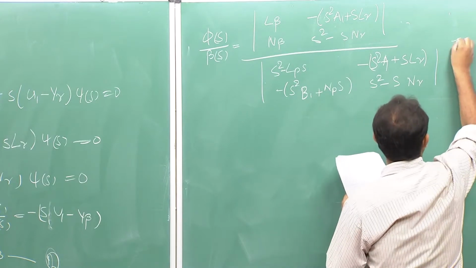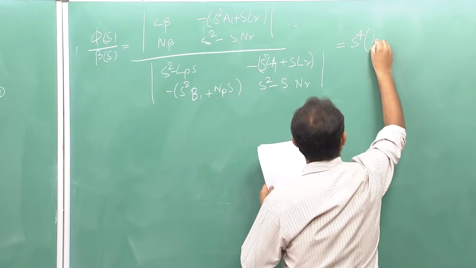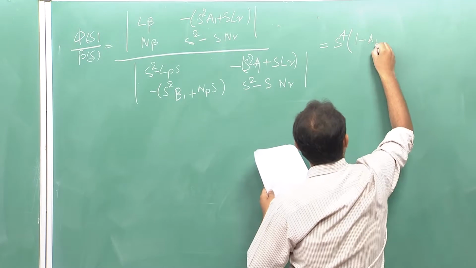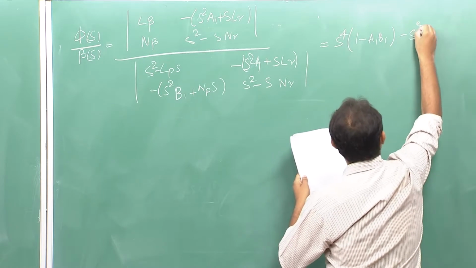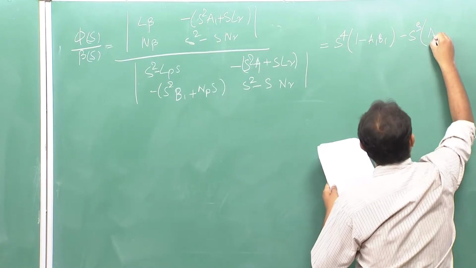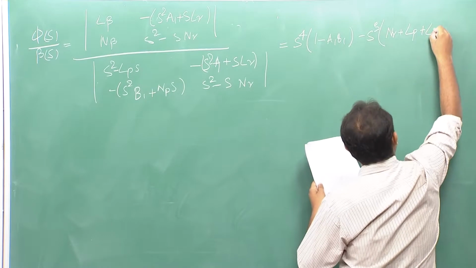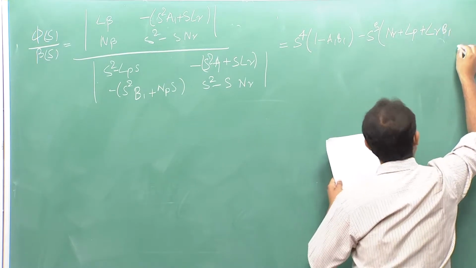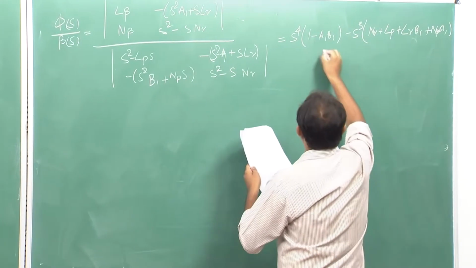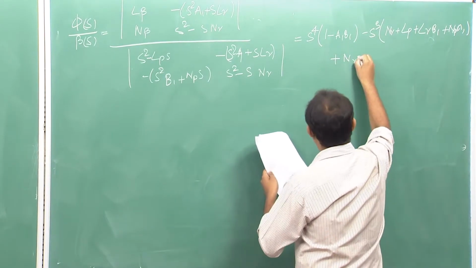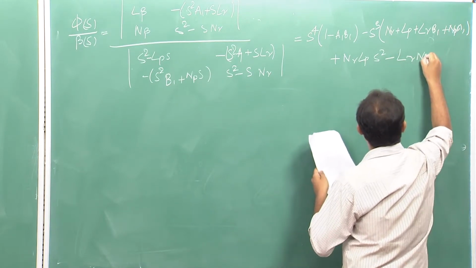which will give s to the power of 4 times (1 minus A1 B1), minus s cube (N r plus L p plus L r B1 plus N p A1), plus N r L p s square, minus N r N p s square.